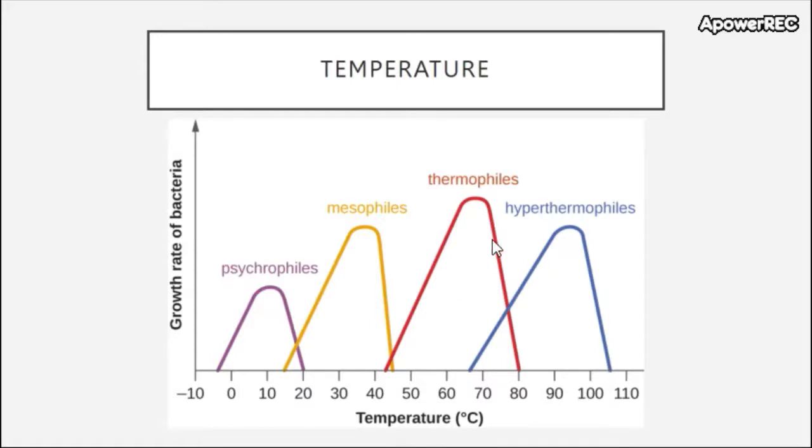So next on the list are thermophiles. So thermophiles inhabit pretty warm temperatures. Thermophiles can grow above the temperatures really seen in the human body, all the way up to about 80 degrees Celsius. So you can find these around areas like hot springs. And then next you have hyperthermophiles.